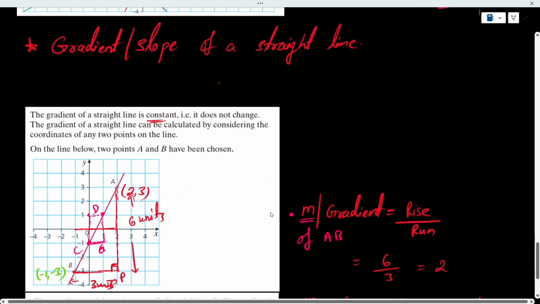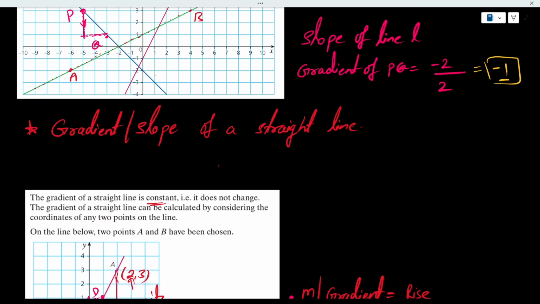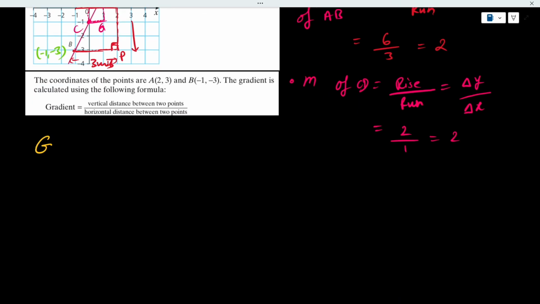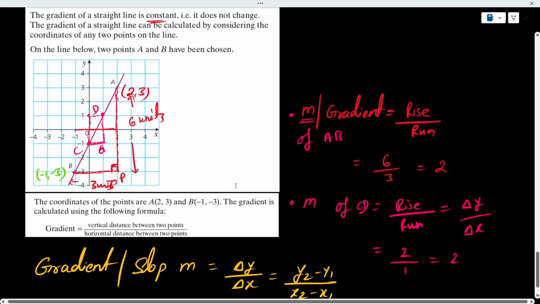So you know that rise over run, sometimes it's difficult. See, if I can find out the coordinates, it's easy. Otherwise, there is one standard formula here. How do we calculate here gradient? Gradient or slope, if we take it, we write down as always m, which is change in y by change in x, which is equals to y2 minus y1 by x2 minus x1, where x1 y1 and x2 y2 are the coordinates of points A and B. Like how did we start here?